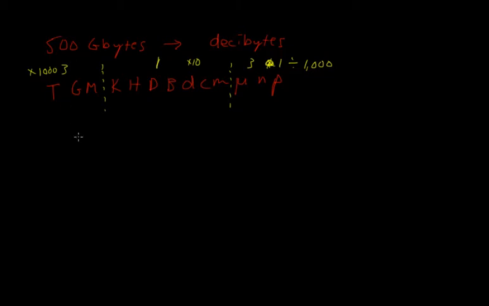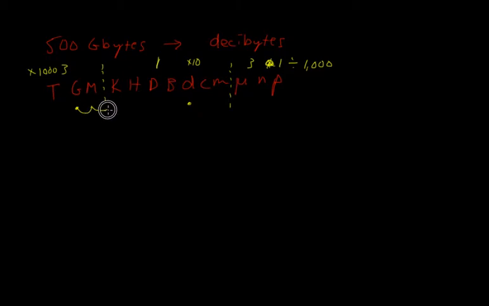Alright, so 500 gigabytes, I'm going to put a dot at my G. So 500 gigabytes, and I want to go to decibytes. So on here, the little d refers to my deci. So in order to get from my G here on the left to my D on the right, I've got to move to the right. So I'm going to count. G to the M is 3 spaces because I'm on the outside of this dotted line.